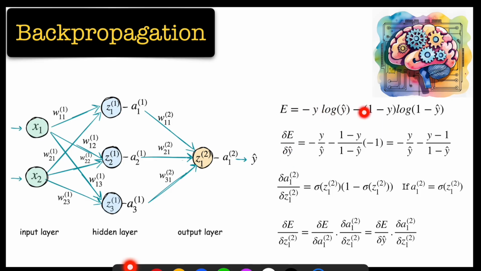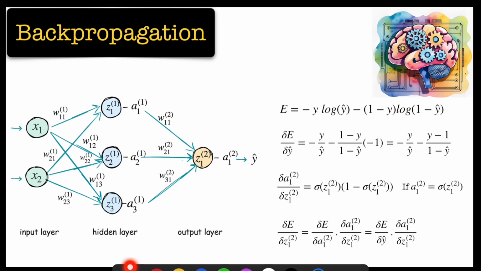We know this is E. If we take the derivative with respect to y hat, we get minus y divided by y hat minus (1 minus y) divided by (1 minus y hat), and if you take the derivative of the 1 minus y hat term, you get minus 1. Here it is the same, I just reversed 1 minus y to make it y minus 1. So this is del E del y hat.